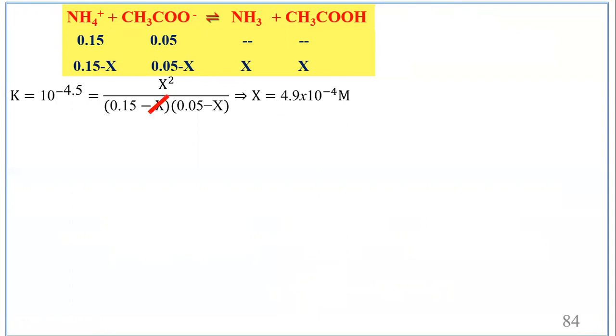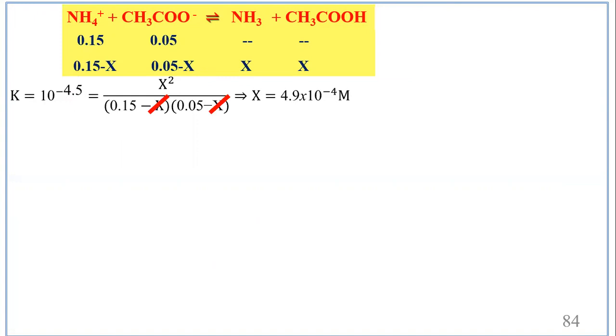So this is products divided by reactants, right? Products, X times X divided by reactants, so 0.15 minus X and 0.05 minus X. The beauty about when reactions are limited is I can say that X is negligible. That's the beauty about it, and that's how I will always do that.